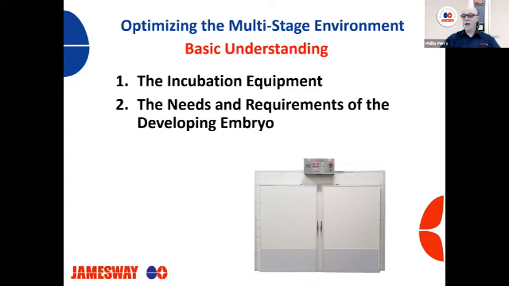Each day there's a different need that the embryo has. We do have a chart that lists some of these requirements for chickens, and we're also developing a new one for turkeys and for ducks. So we're anxious to get those into your hands, just so that you will know the needs and requirements.